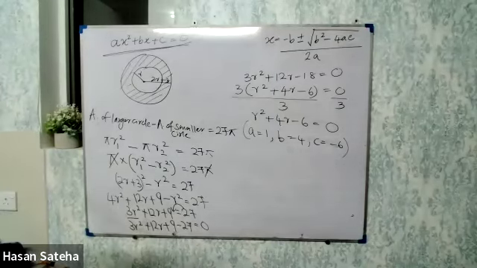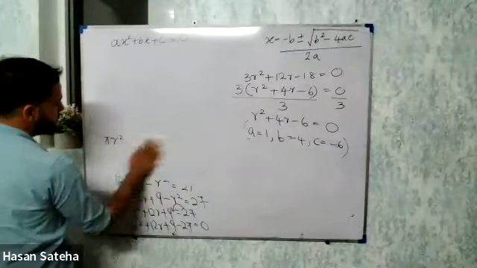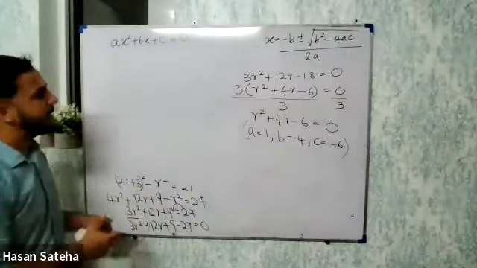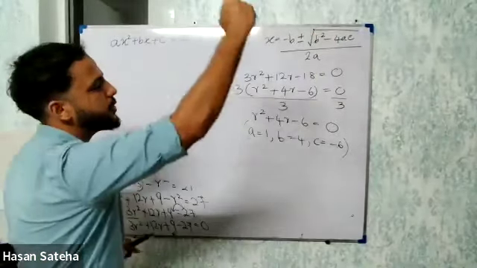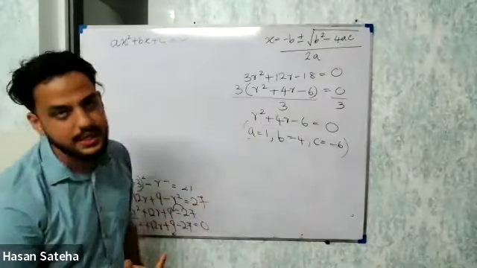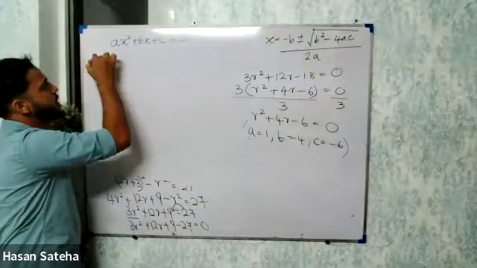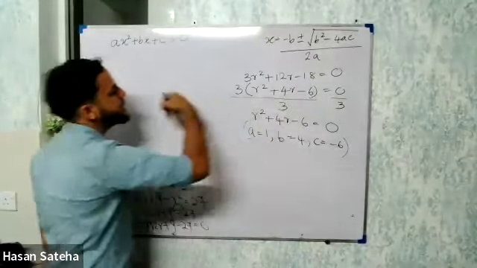So now we are going to apply the quadratic formula. You always write the formula, right? x is equal to minus b plus or minus square root b squared minus 4ac divided by 2a. So you write that first, then you put the values of a, b, c.